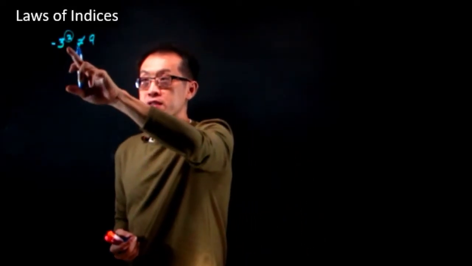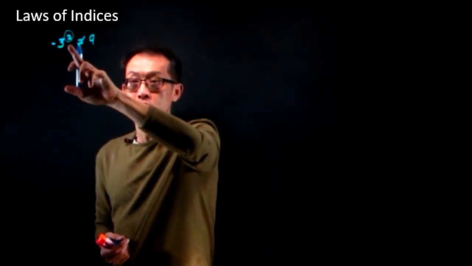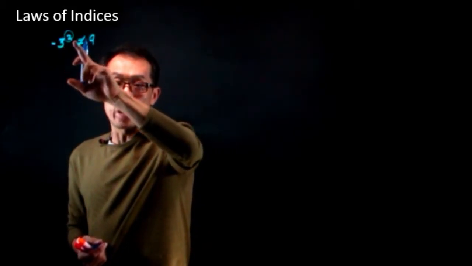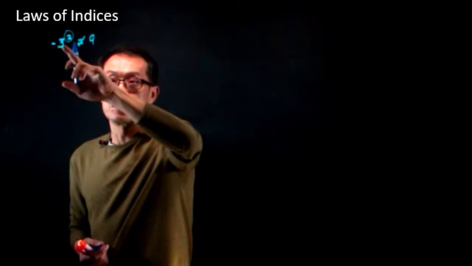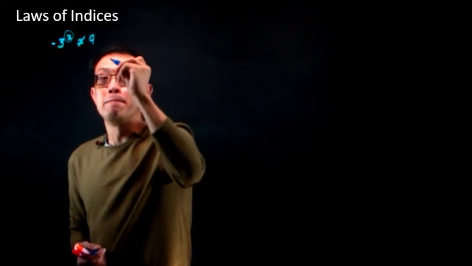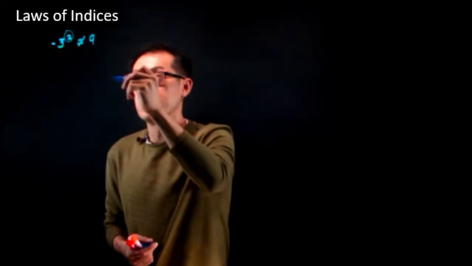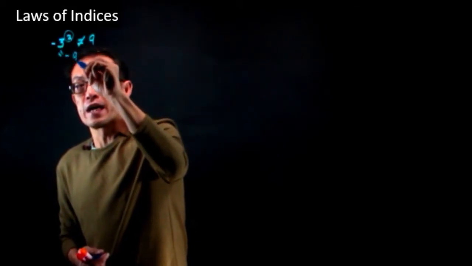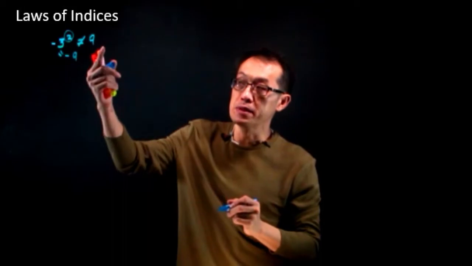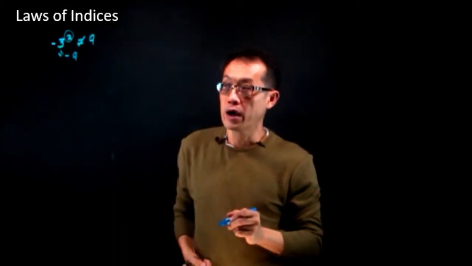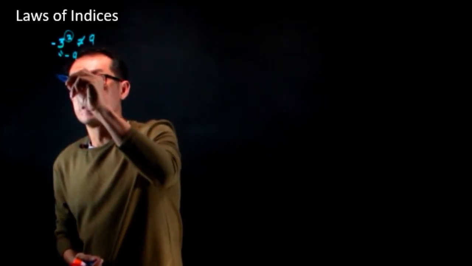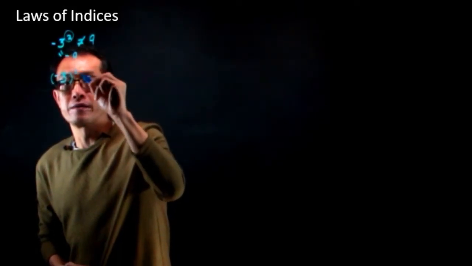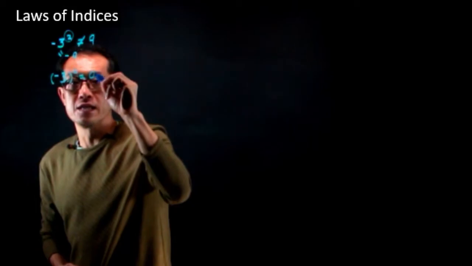Now 3 is next to the index, so it should be 3 squared. Alright, so minus 3 squared, so it should be minus 9. Alright, and this should be equals to minus 9 because 3 is beside the square. Now however, if it's written this way, alright, then the answer is 9.